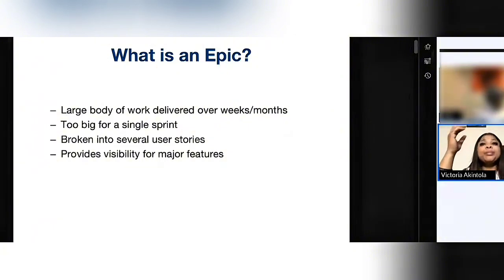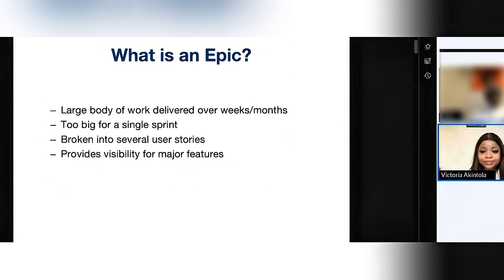It's like you open a book, right? And that book has a title. And under this title, we have so many headings, different pages within the book. This is what an epic is like. Does that make sense? So an epic is that umbrella that carries different user stories, okay?